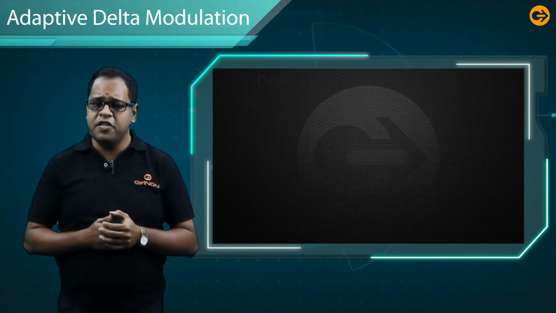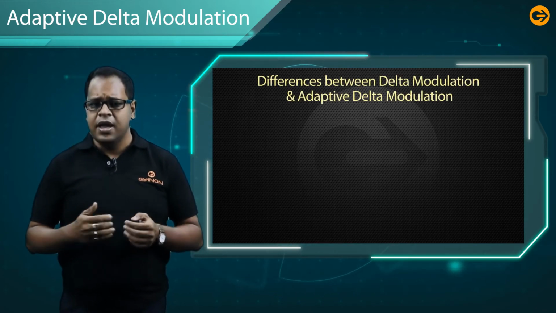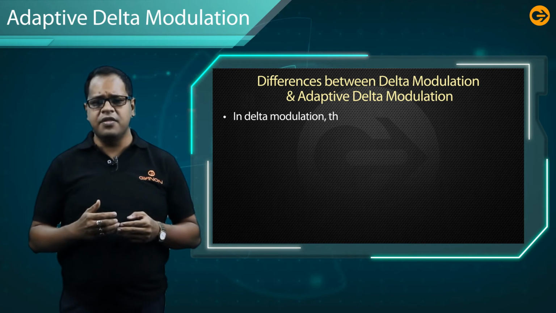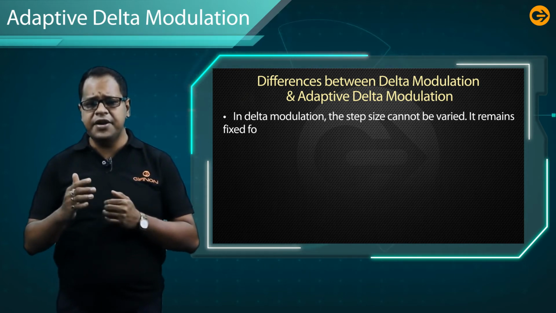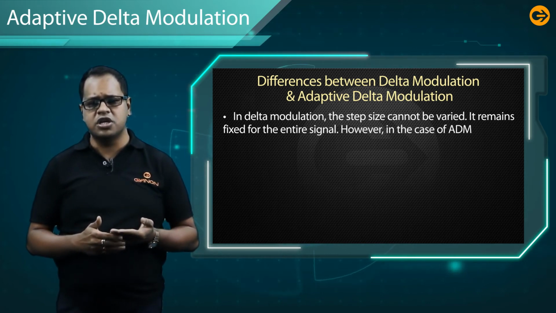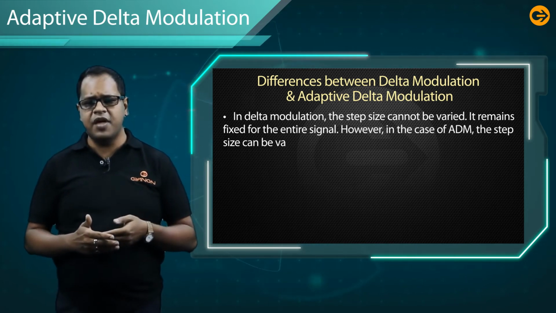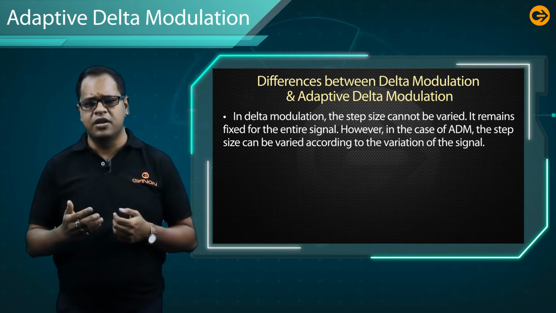Then what is the difference between delta modulation and adaptive delta modulation? In delta modulation, the step size cannot be varied. It remains constant for the entire signal. However, in adaptive delta modulation or ADM, the step size can be varied according to the variation of the signal.